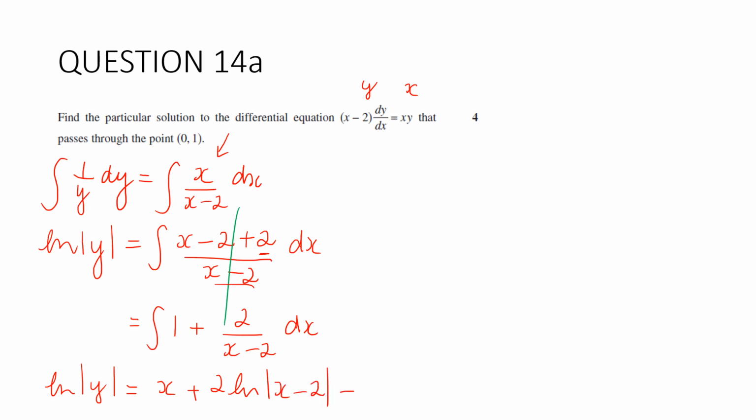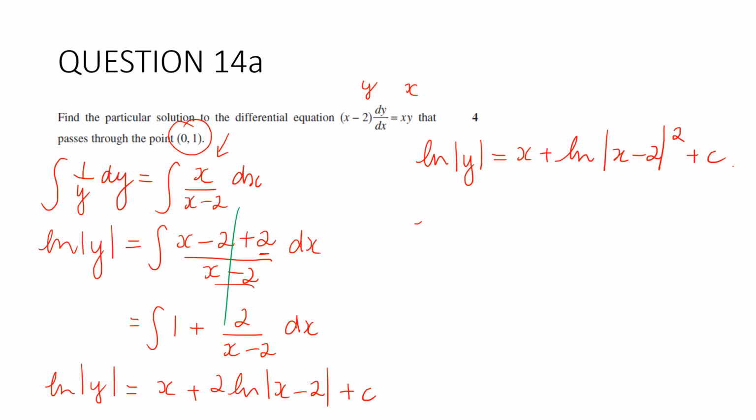I'm going to tidy this up before I substitute this point in. So let's just do a little bit of fixing. This is equal to x plus, I'm going to do ln (x - 2) all squared, plus c. And now let's get those logs together.